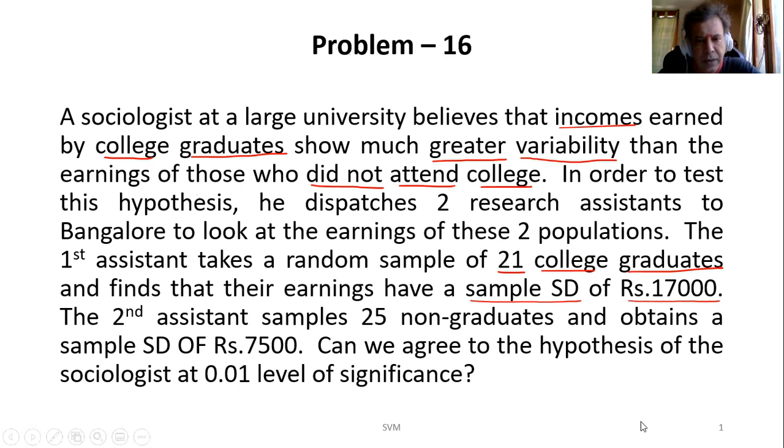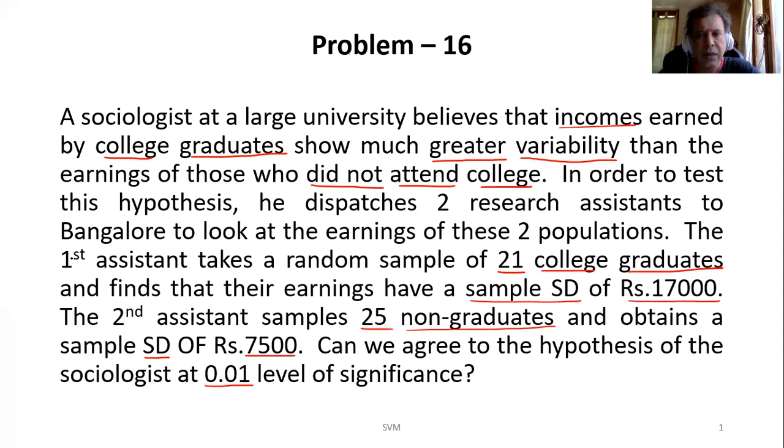The second assistant samples 25 non-graduates and obtains a sample standard deviation of rupees 7,500. Can we agree to the hypothesis of the sociologist at 0.01 level of significance? These are the things that we had captured.